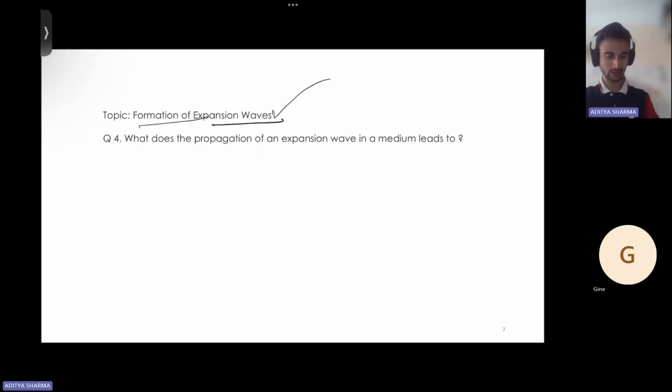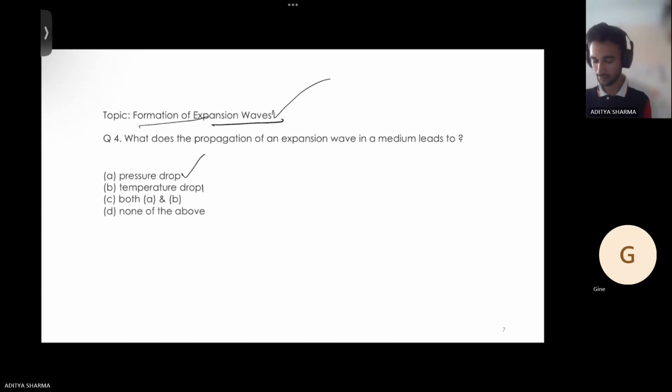Before I say anything, just try to answer this. Pressure and temperature drop. Okay, so you're saying both options are right. Yes.